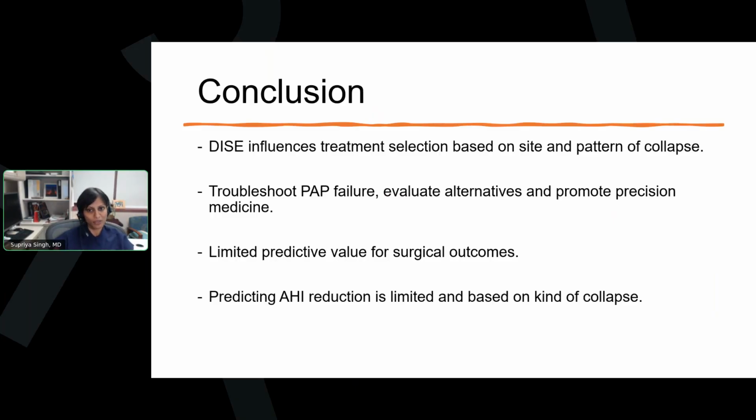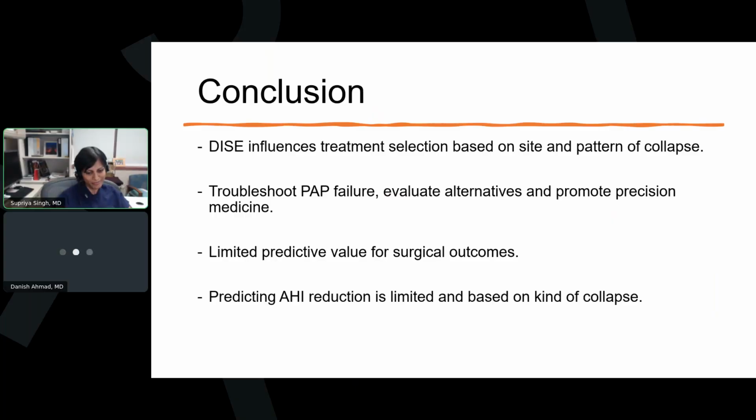Oftentimes it's a multilevel collapse, as we saw. The soft palate, the tongue base, the epiglottis, all could be the culprit sites. And ultimately, how much the apnea-hypopnea index will reduce is based on the kind of collapse and what options for therapy we provide these patients. And that's all.